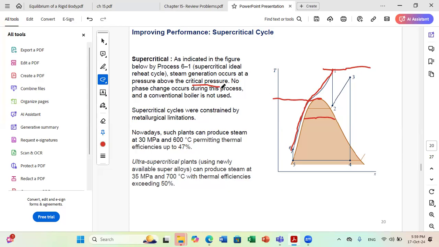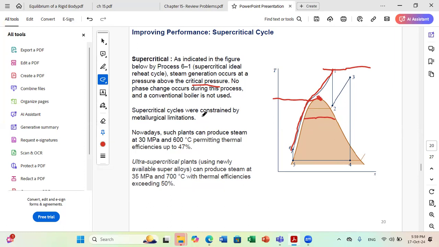So critical pressure is the maximum pressure for which I have change of phase. If I exceed this pressure, I will overcome the dome. Okay, so no phase change will occur during this process, and we don't need a conventional boiler in this case.